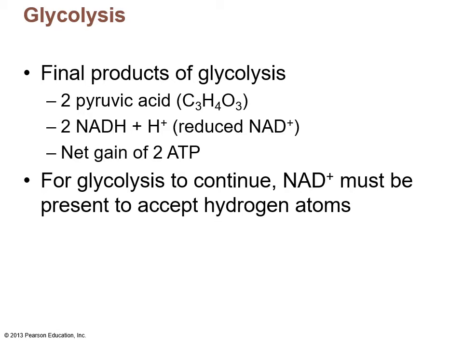Now, for glycolysis to continue, the NADH must be present to accept hydrogen atoms. So those empty taxicabs have to be there to pick up the passengers, the H's from the glucose molecule. And we're going to see where they come in later on, because those taxicabs are going to be dropping off their passengers at the electron transport chain. So stay tuned.